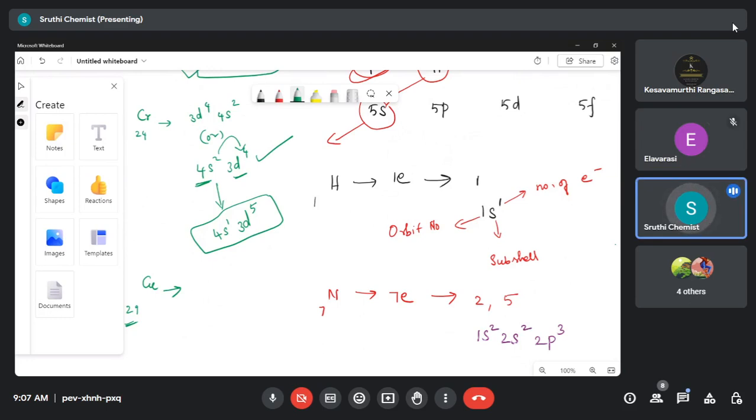Exactly right. If you write the normal configuration, you will get 4s2 and 3d9. But 3d10 is more stable, no? So the 3d9 borrows one electron from the 4s, so that it becomes 3d10 4s1. This is the exceptional behavior for chromium and copper.